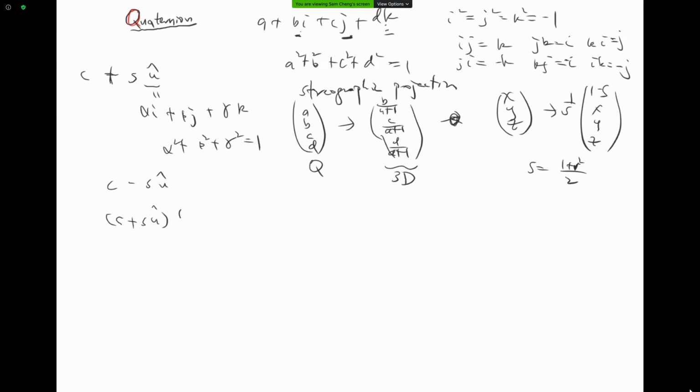These two will cancel, and then minus S squared U times U.